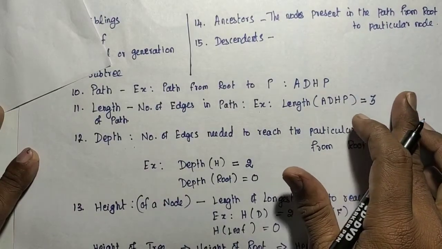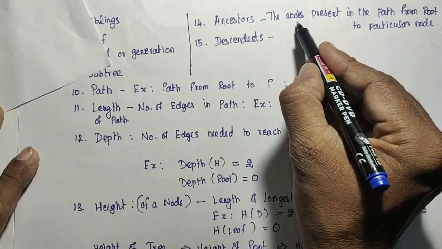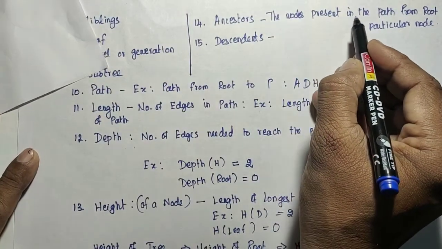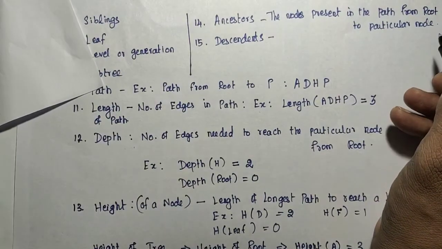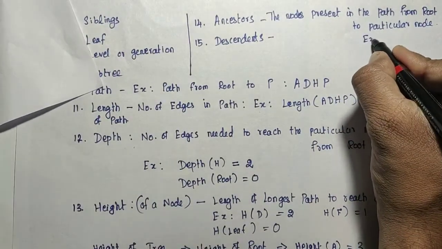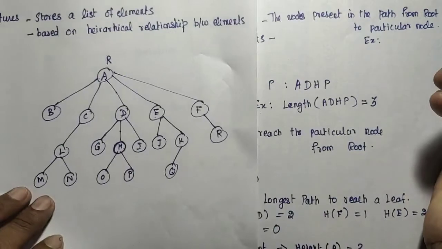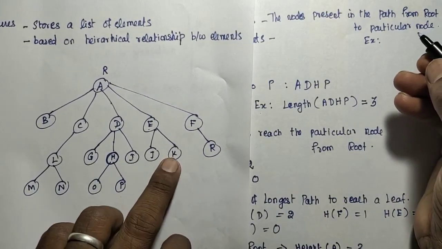So this is a definition. The list of nodes present in the path from the root to that particular node. Example here.